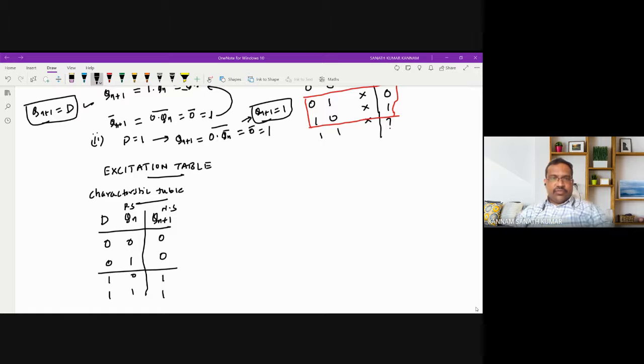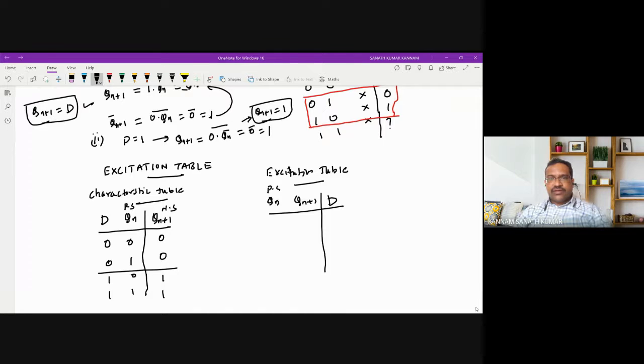Okay. So now by seeing the characteristic table, you need to draw the excitation table. So what is the excitation table? These are the inputs. That means by taking present state and next state as inputs, you need to analyze for D input.